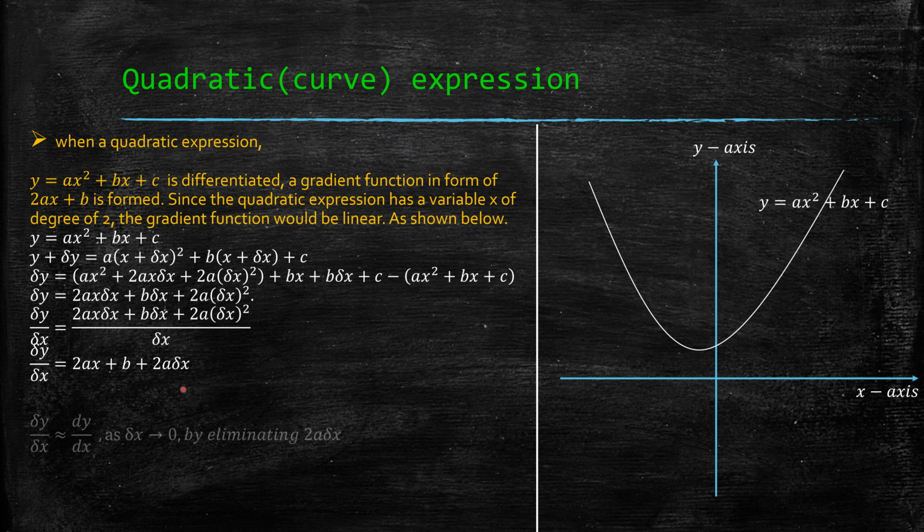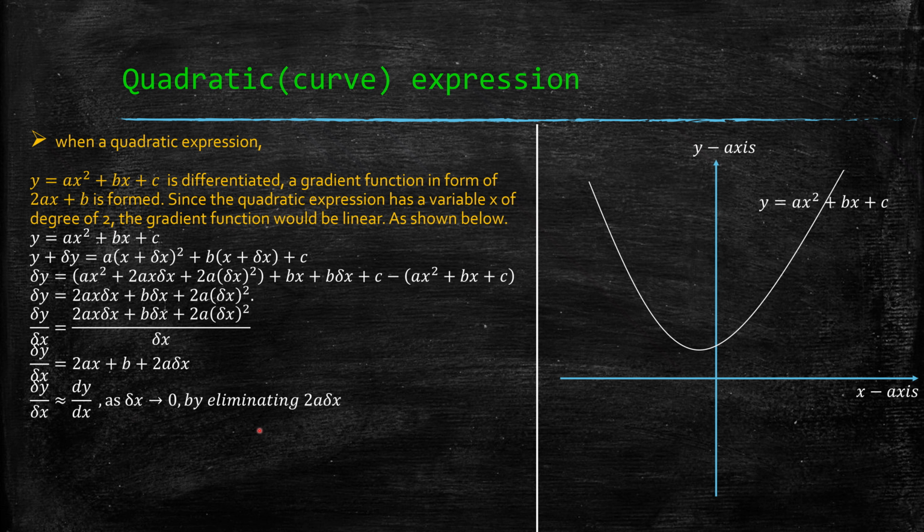Then that leads us to our next step, where we take the points to be too close. When we take them to be too close, that means that small change in y over small change in x is going to approximate to dy dx, as the small change in x approximates to 0.